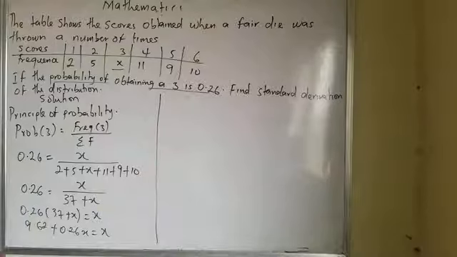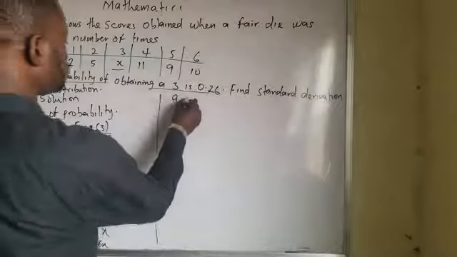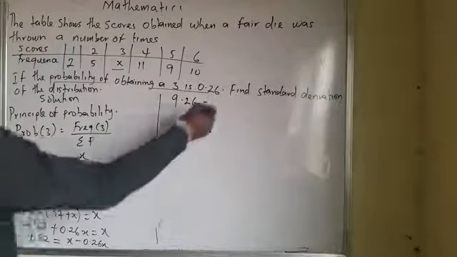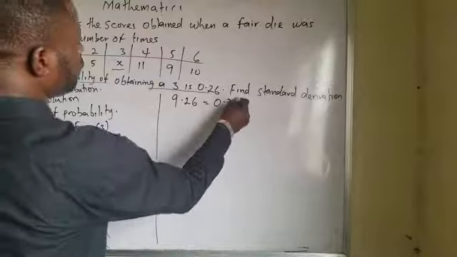I want to collect like terms, which I will be having 9.62 equals x minus 0.26x. Now, by so doing this, I'll be having 9.62 equals this minus this, it will be 0.74x.